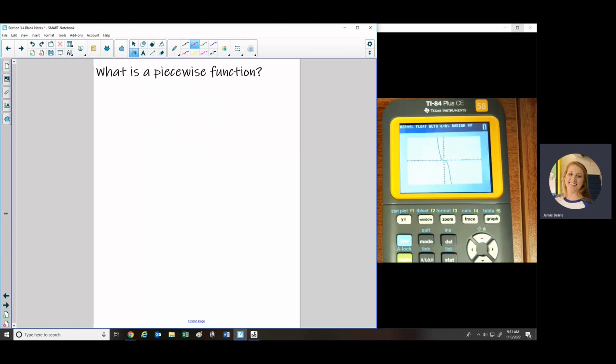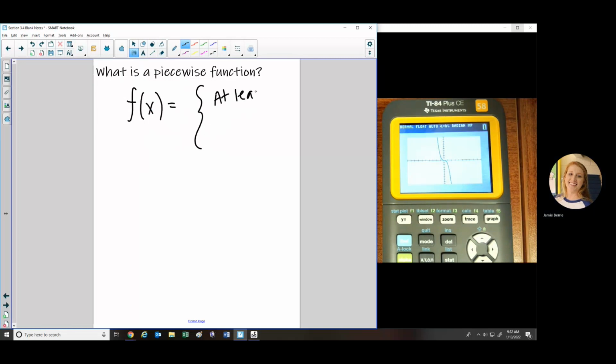Okay, so a piecewise function. Your book calls it a piecewise defined function, but just calling it a piecewise function is fine. A piecewise function is a function that's defined in two terms or more. They're really easy to spot because they have a very distinct look to them. They'll always have a big curly brace here, and then they have at least two parts, could be more.